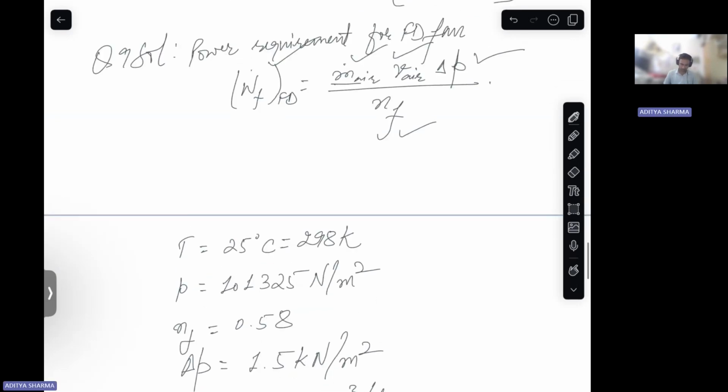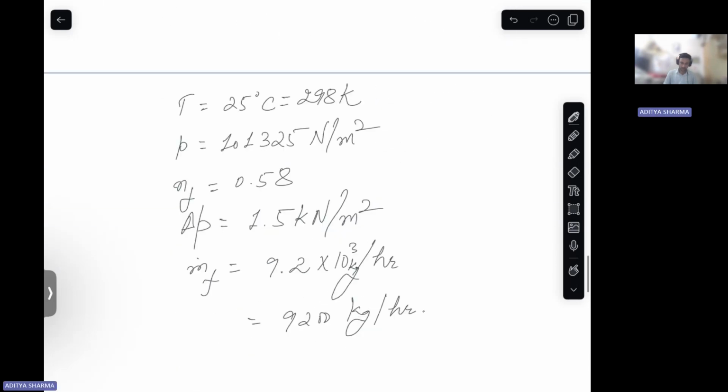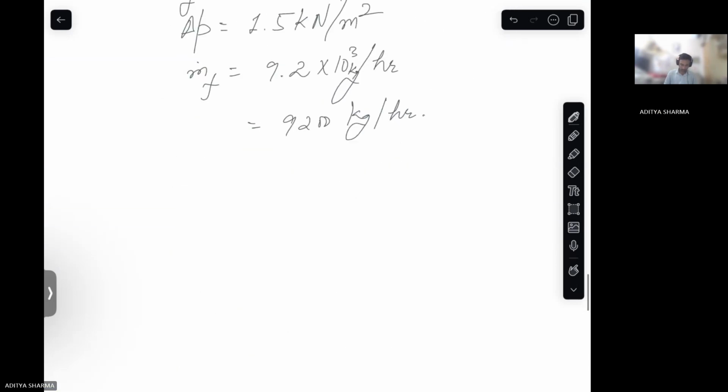So what we will do, first we will find out specific volume, okay, using the perfect gas equation. So v of air is RT of air by P of air. So R is 287 for air. Temperature has been given as 25 degrees Celsius.